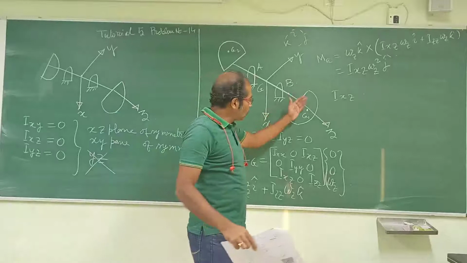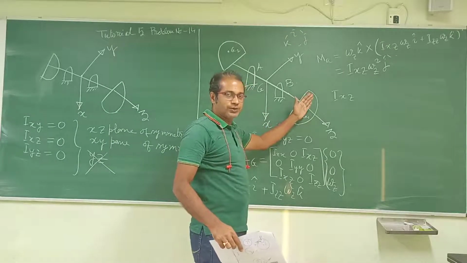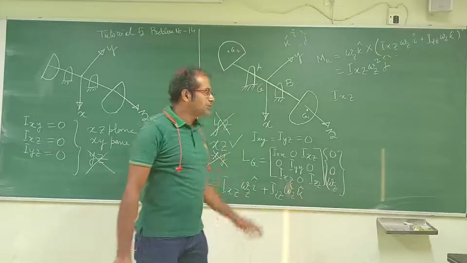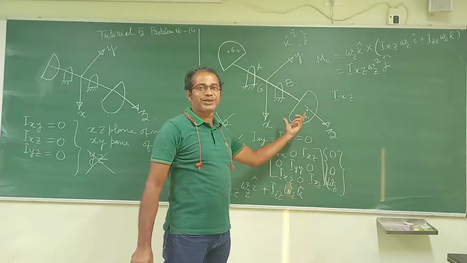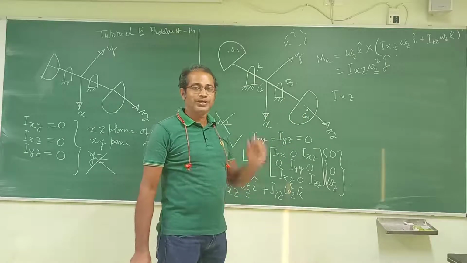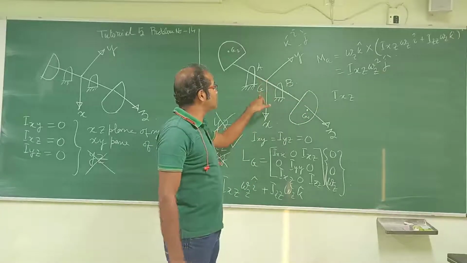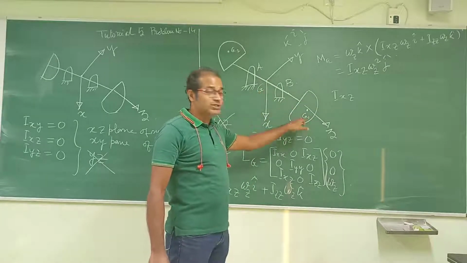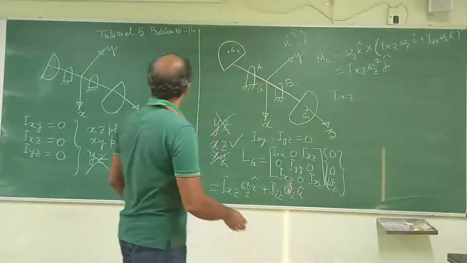Look over here, if you are sitting at G1, you are going to get all the mirror symmetry. That means all the products of inertia are going to be 0. Now what is Ixz with respect to this G point, with respect to the G1 point?